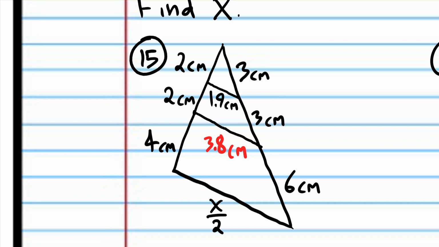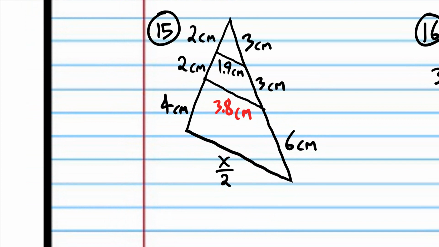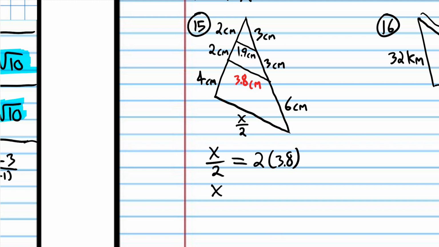So what that means is that this length here must be double this length. Or you can say this length is half of this length, however you want to say it. So now we have to double 3.8. So x over 2 is equal to 2 times 3.8. And 2 times 3.8 would be 7.6.